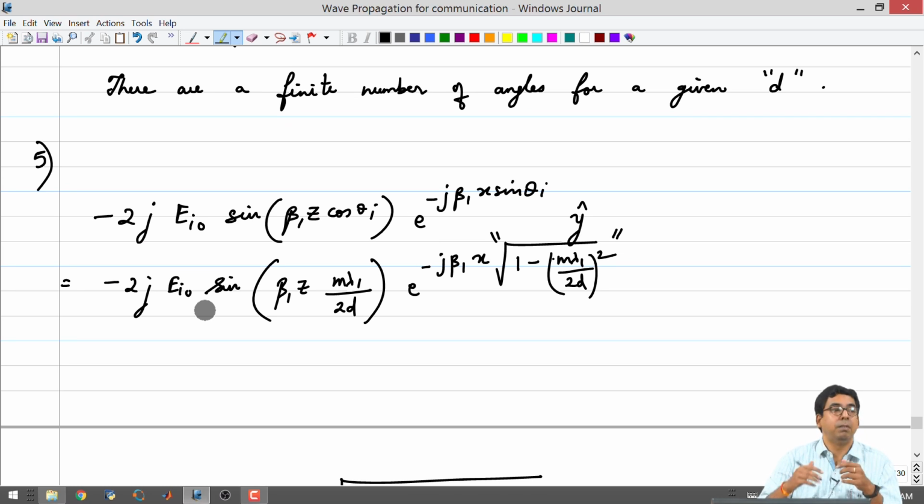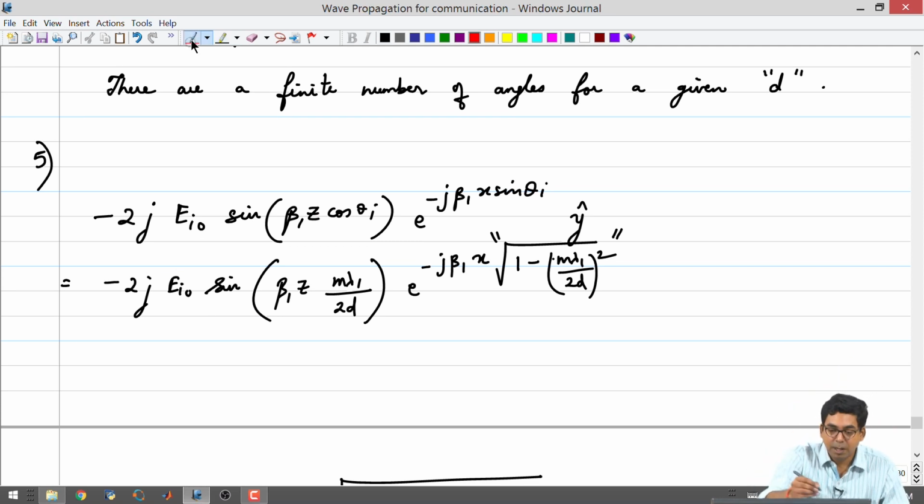In the previous class, when we tried to write a program and visualize the fields, we saw that there is a standing wave pattern in the z direction. The nodes are fixed with respect to z direction, you will clearly notice a standing wave pattern for the magnitude.